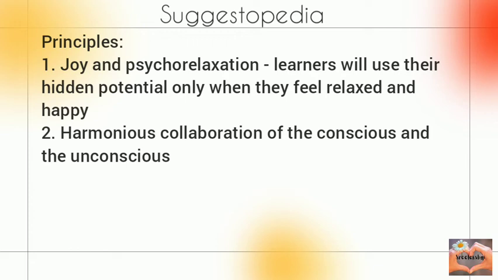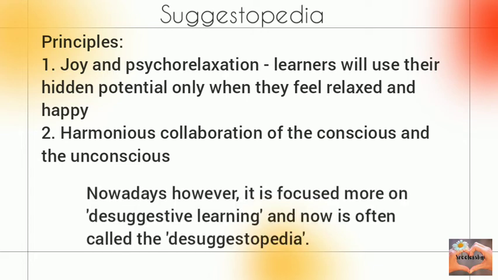Learners will use their hidden potential only when they feel relaxed and happy. That is the main idea of this method. And the second principle is the harmonious collaboration of the conscious and the unconscious. Nowadays, however, it is focused more on de-suggestive learning, and now it is often called de-suggestopedia.